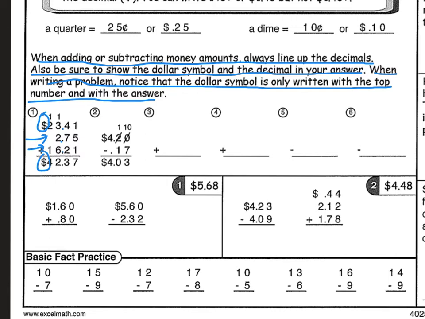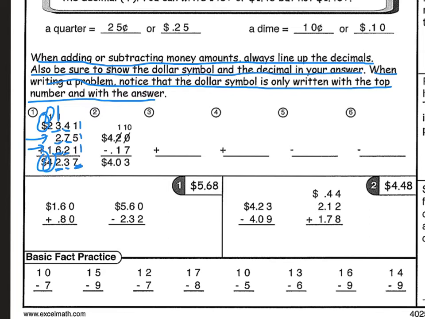So let's see how they added this up. 1, 5, and 1 add up to 7. 4, 7, and 2 add up to 13. We bring the 1 up to there. 1 plus 3 is 4. 4 plus 2 is 6. 6 plus 6 is 12. They put a 2 there, regrouped with a 1 up to the top. And 1, 2, and 1 makes 4.